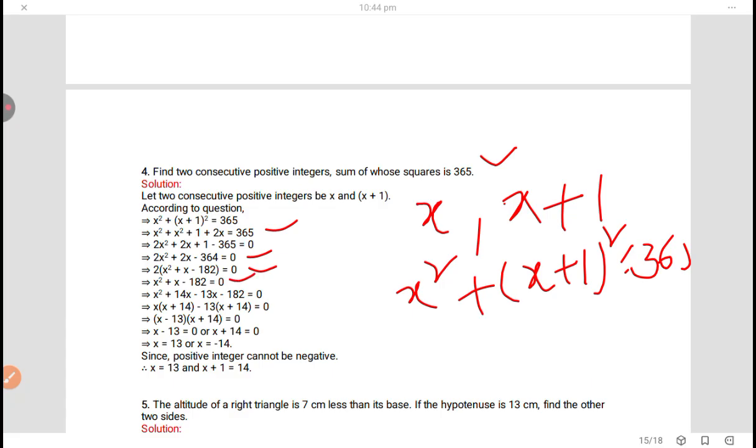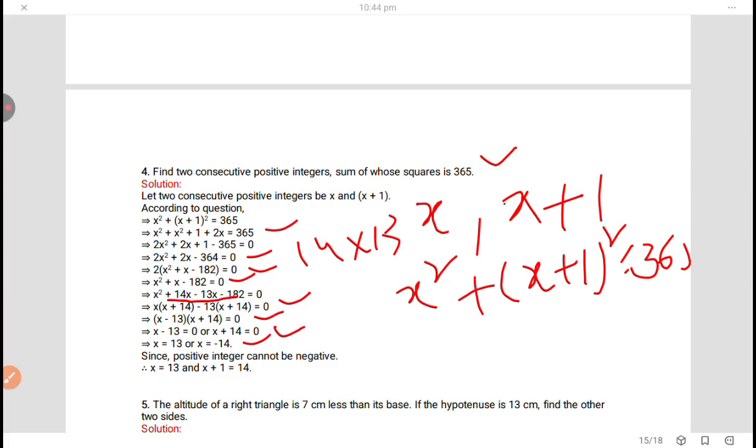So you will get x square plus x minus 182. So 182 can be written as 14 into 13. So you write 14x minus 13x equal to 182. Then take the x common and 13 common from these terms. So you'll get x minus 13 into x plus 14 equal to 0.